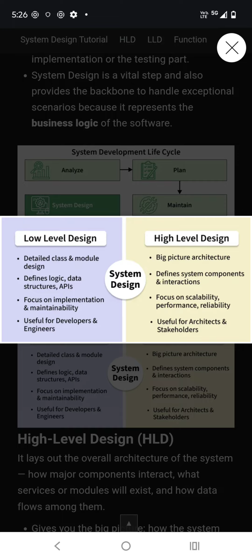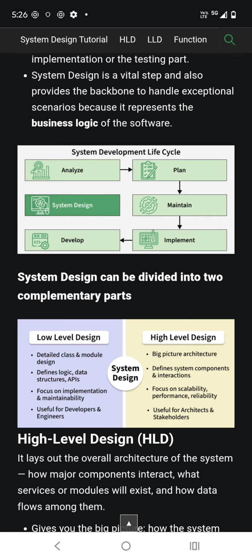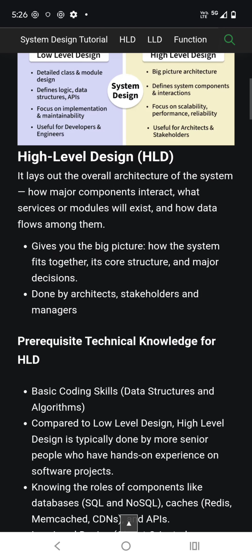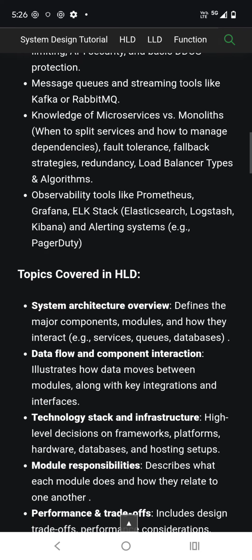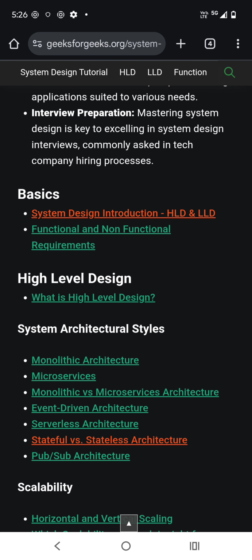Explaining the low level things will come under the low level design. High level design is nothing but a big picture. What are all the components involved in the whole picture? That is very important when we are going to design a particular system.